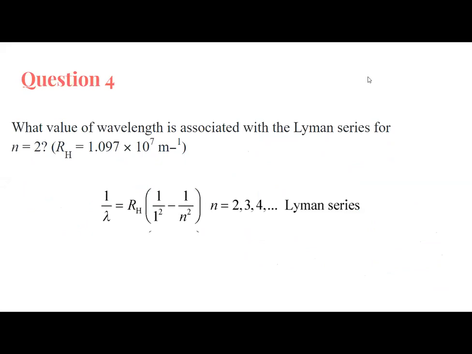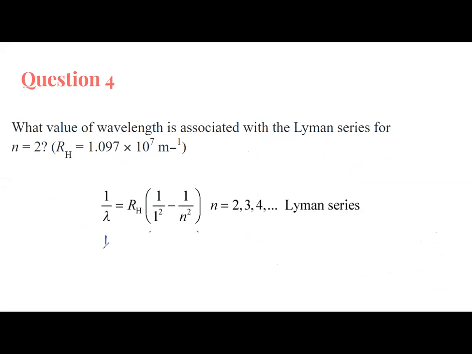What is the wavelength associated with the Lyman series for n equals 2? The Lyman series are the wavelengths that occur when the hydrogen atom returns to the ground state from any excited state. If you want to find the wavelength, you can just use the formula here.